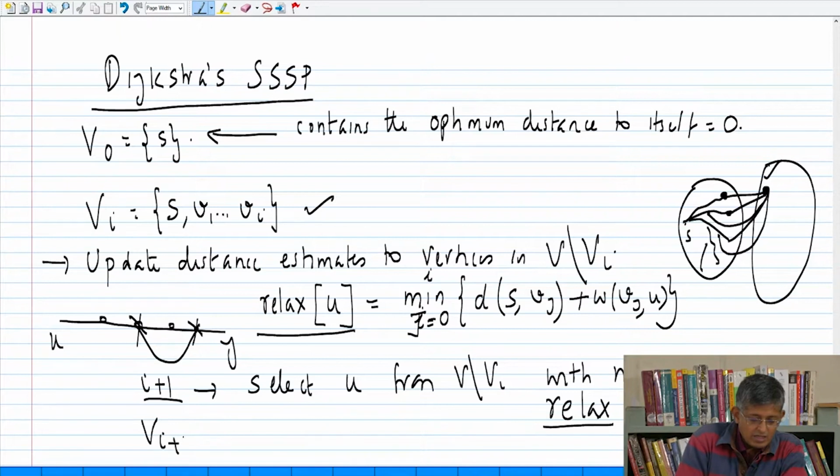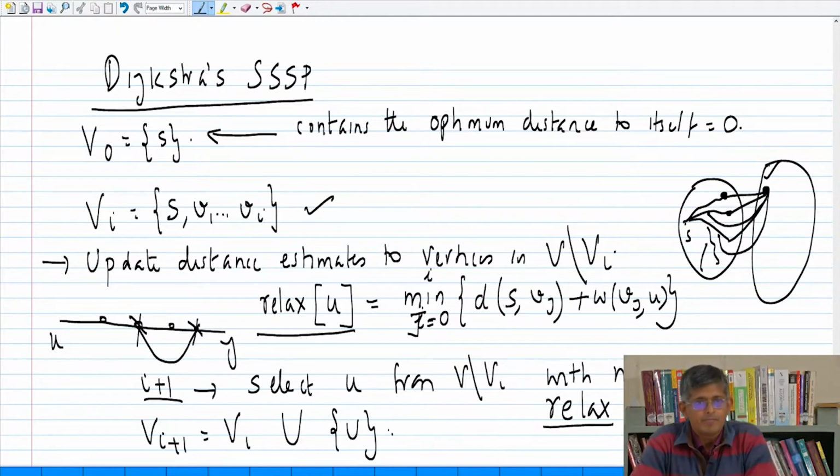V(i+1) is equal to Vi union U. Now it is quite clear that this is the shortest path from S to U. There cannot be a shorter path because your relaxed estimate used the shortest paths and one step.